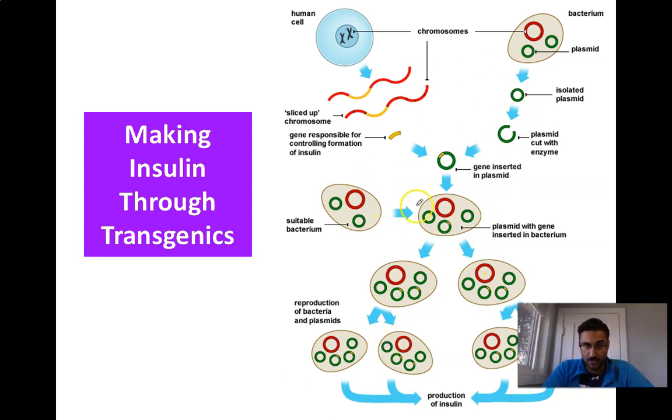I won't stress about this too much, but just know that transgenics is the idea that we have to use a virus or a vector of some sort to get our modified gene into a new organism so that new organism can make that gene. For example, take human ear genes and somehow get them into the mouse so the mouse can make that human ear. That happens through transgenics.